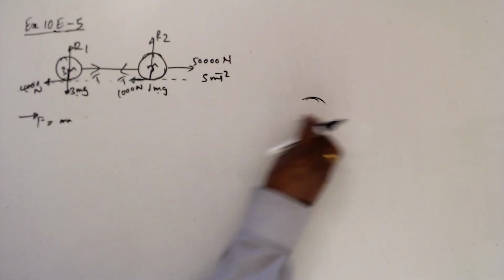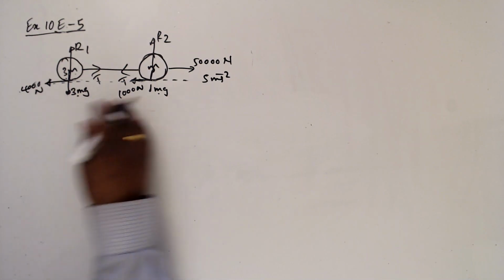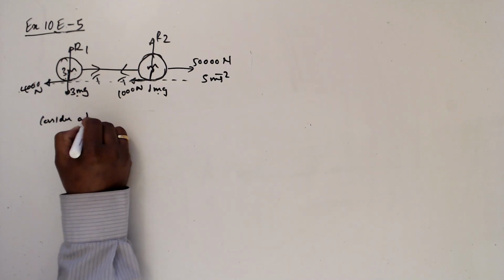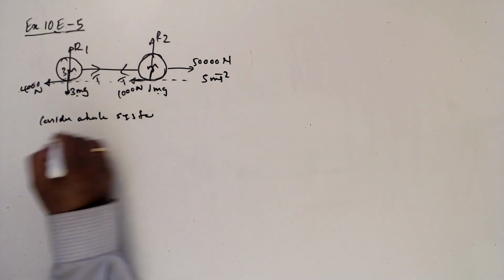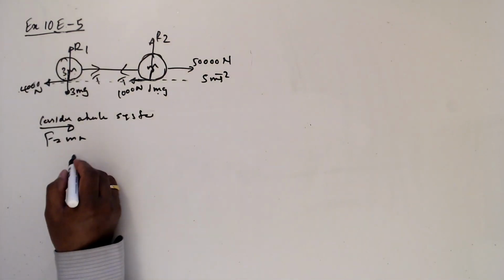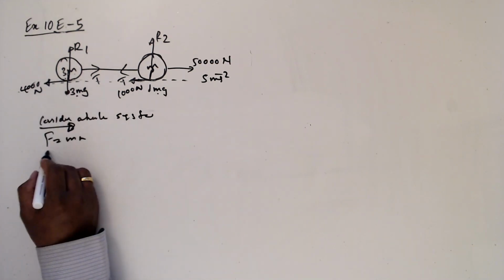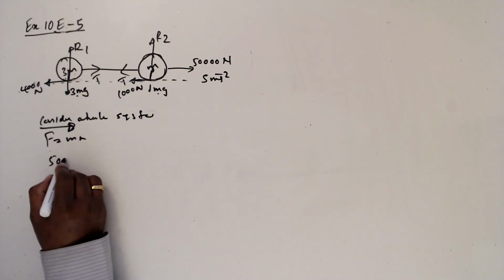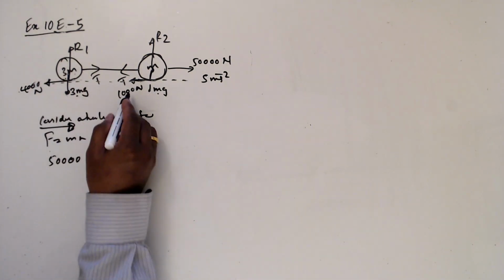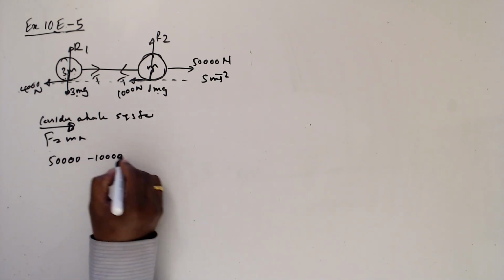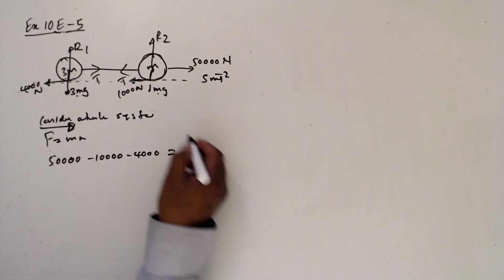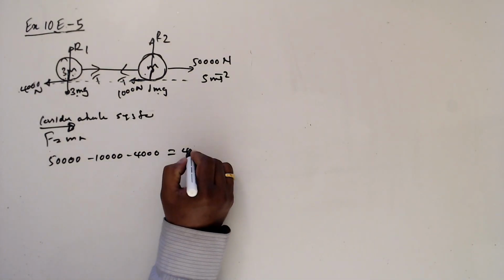We consider the whole system, and we will only put ma in the moving direction. Then the perpendicular ones are dropped. So F. So what are the forces? 50,000 is here, and then there is a resistance force of 10,000, and another 4,000 resistance force the other way around, and the total weight is 4m.